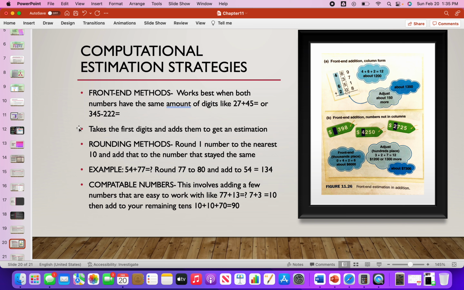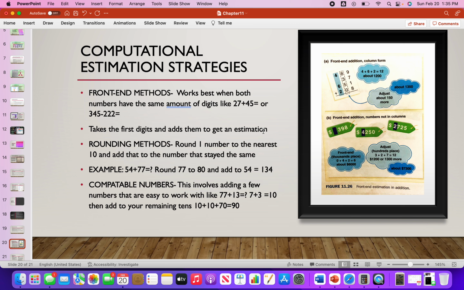Take the first digits and add them to get an estimation, and kind of forget and leave behind those ones. So for 27 plus 45, we would just take the 20 and the 40 and estimate about 60.